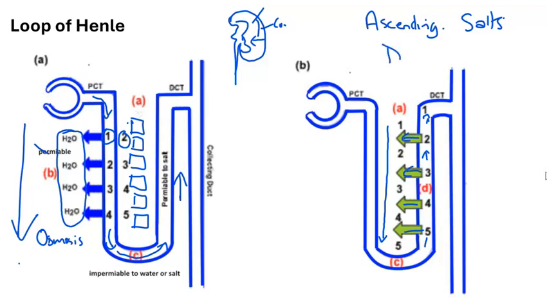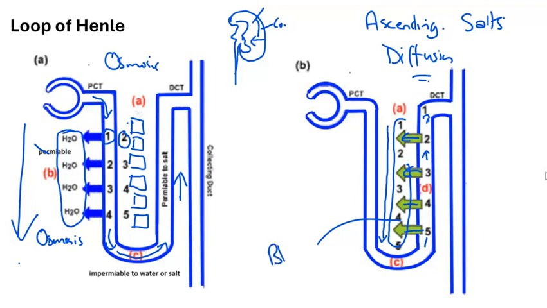So in this case, this is diffusion, not osmosis as was over here. The diffusion of the salts leaves the glomerular filtrate, and those salts, which are coming out here, 1, 2, 3 through 5, are absorbed back into the blood.